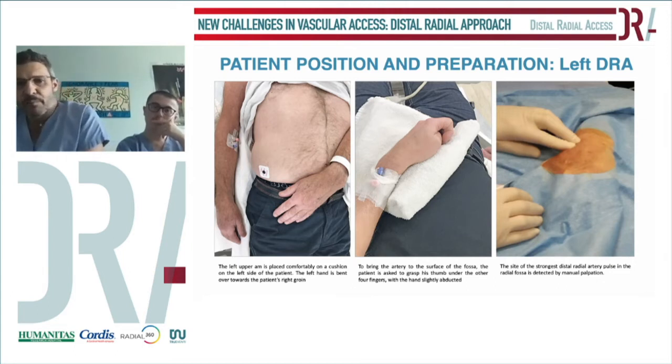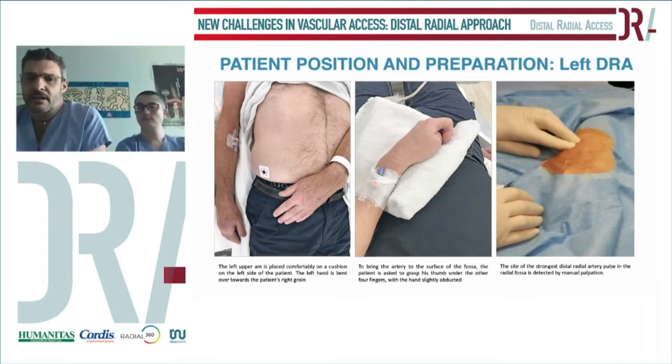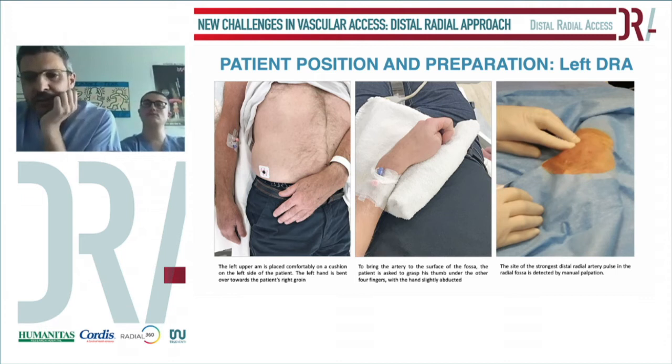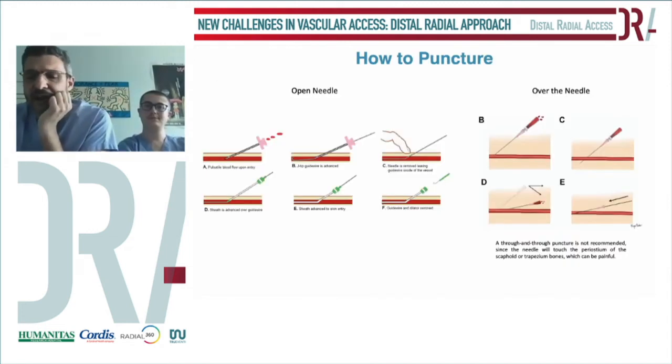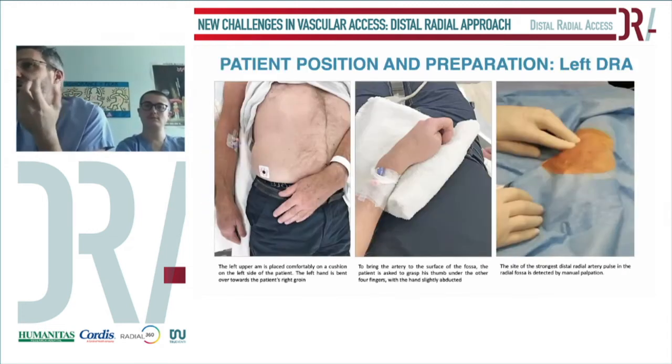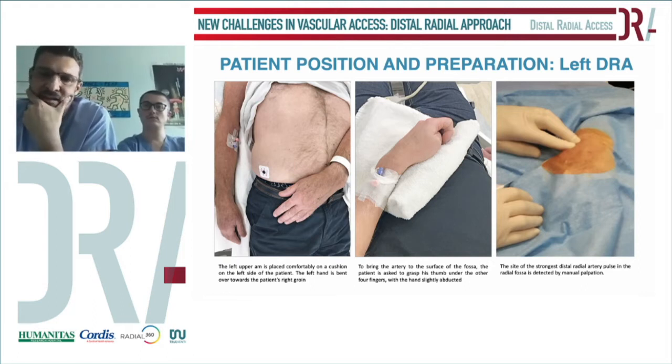Then the patient is asked to grasp his thumb, and we find the strongest pulse of the radial artery by manual palpation. This is for the left distal radial access, and for the right distal radial access, the patient preparation is very similar to the traditional preparation that we use in case of standard right radial access at the forearm.